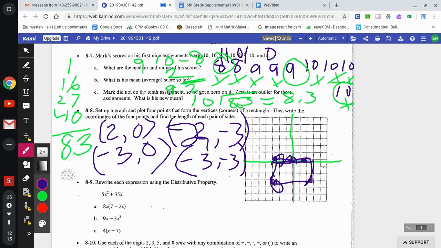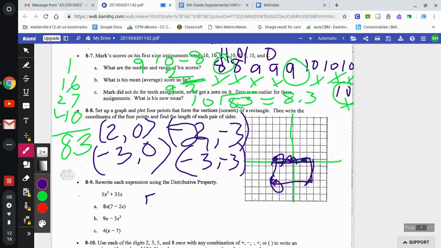All right, 8-9. Rewrite the expression using the distributive property. So going back to our last chapter 7 midpoint test, we have to get x squared somehow, and we have to get 35.